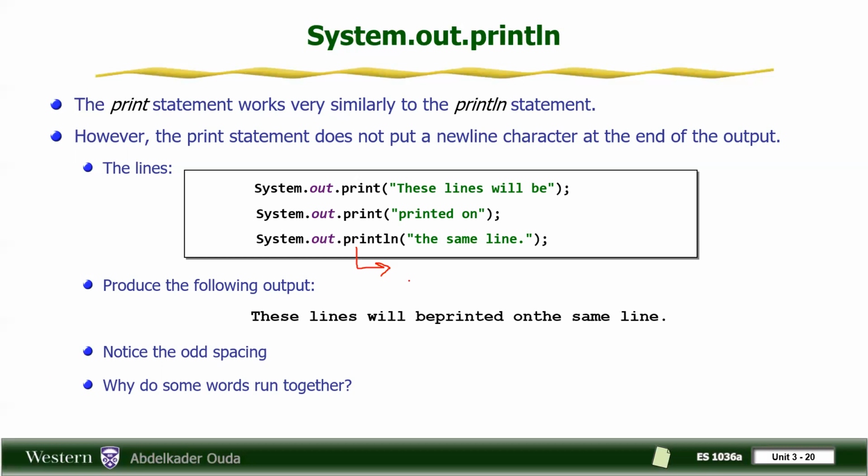Why are some words running together? If you see here, in "be printed on the", there is no space between "on" and "the", and between "be" and "printed". There are no spaces. Why are they together? You need to put a space beside either the "on" or before the "the". Yeah, nice. You caught it.